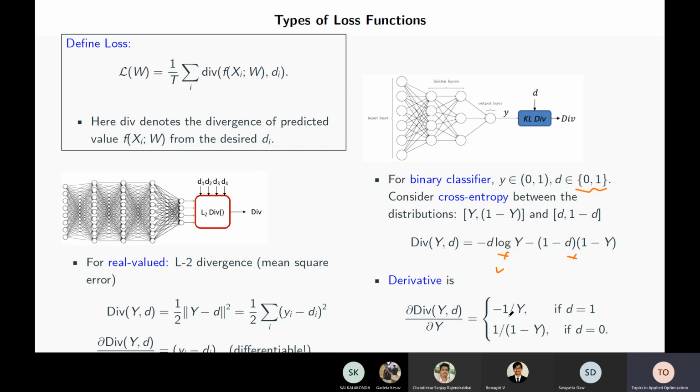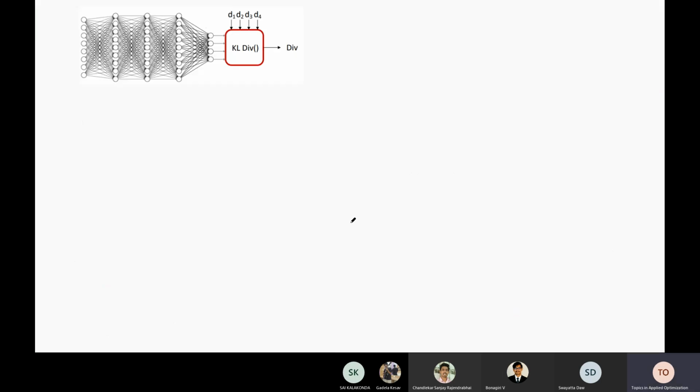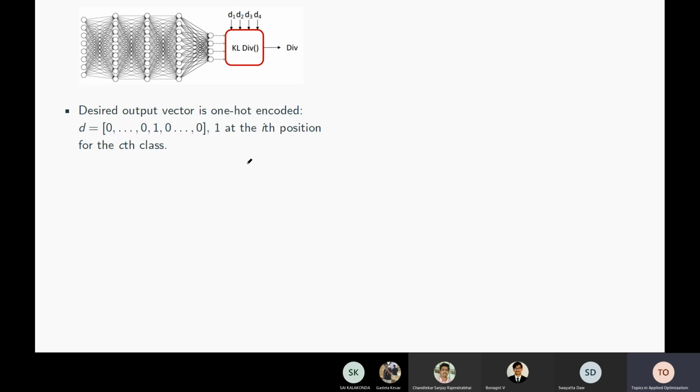So if d is 0, only 1 minus d times log of 1 minus y is left. The derivative of log of 1 minus y is 1 by 1 minus y. The same thing happens here: if d is 1, only the term minus log y remains, and its derivative is minus 1 by y. So derivatives can be computed. These were the loss functions.